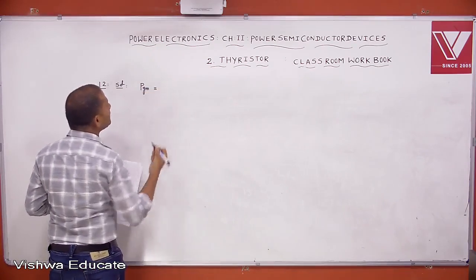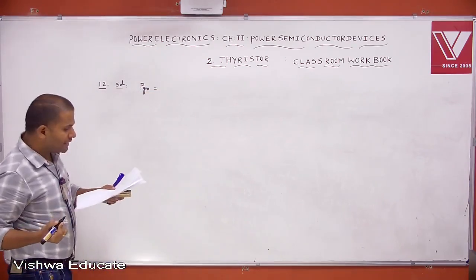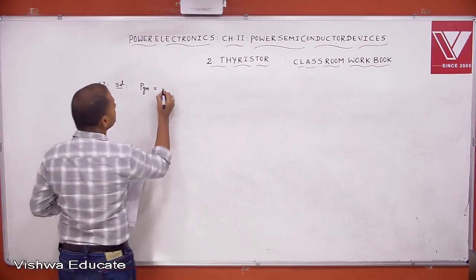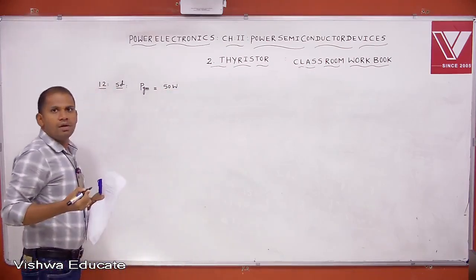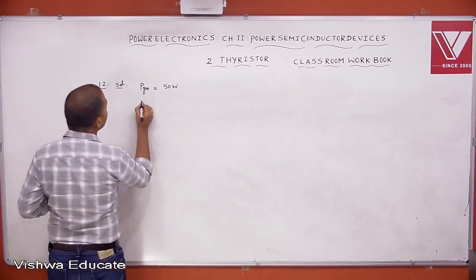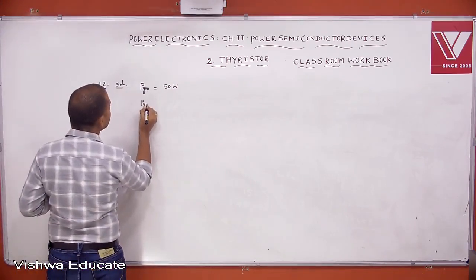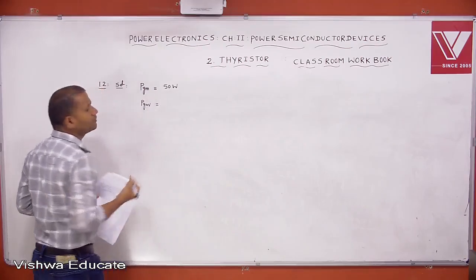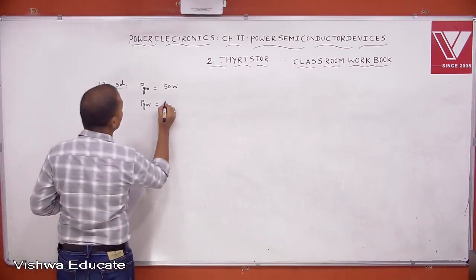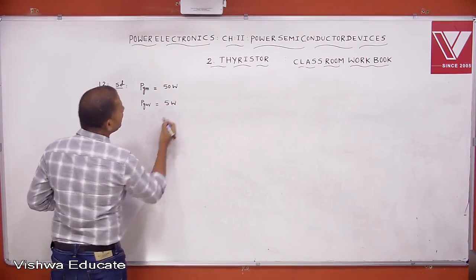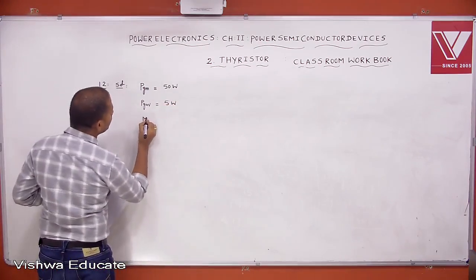How much is it given? 50 watts. Okay. Average gate power dissipation, PGAV, how much is it given? 5 watts. Okay. Then we calculate the mark to space ratio.